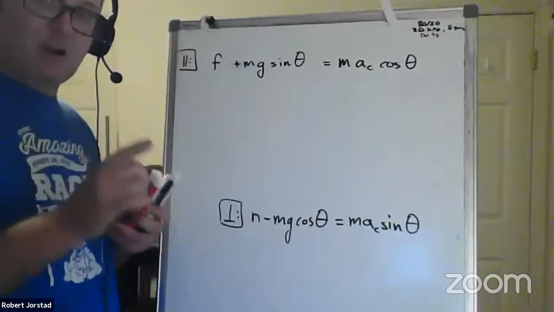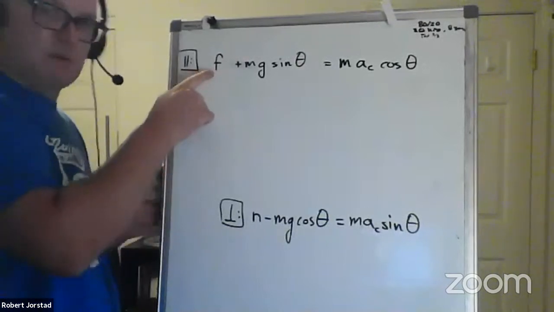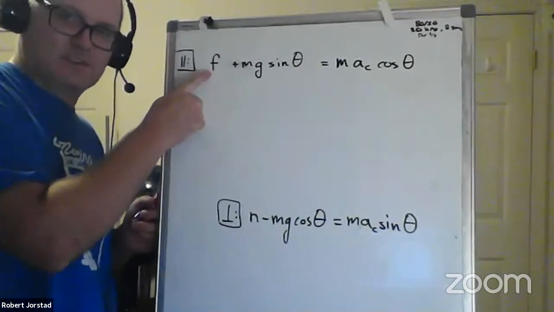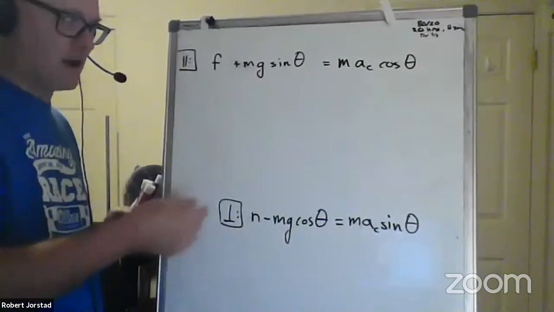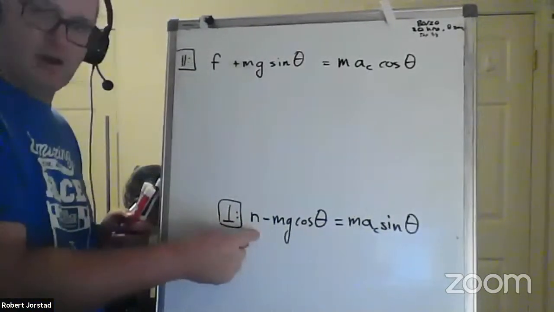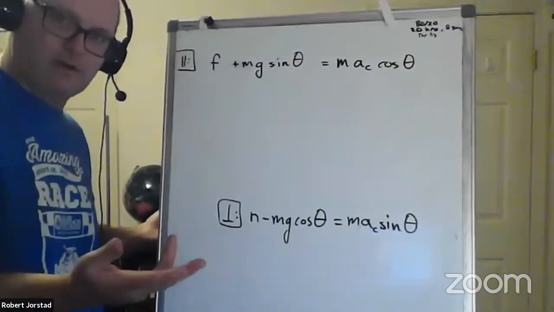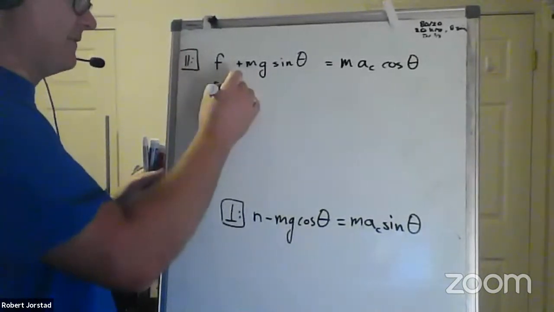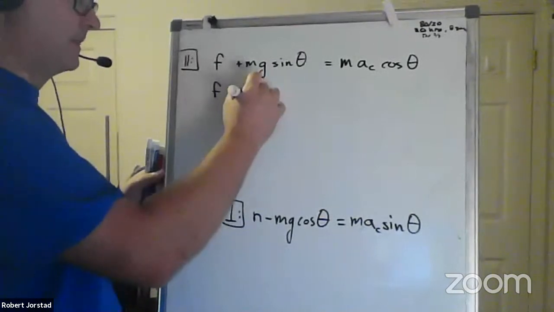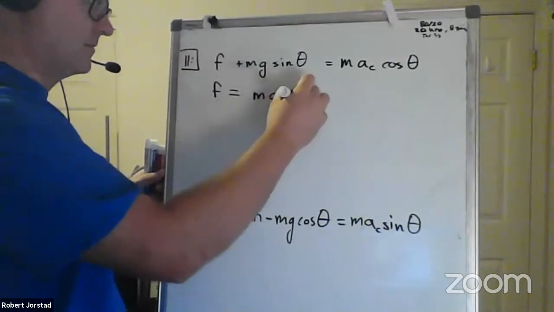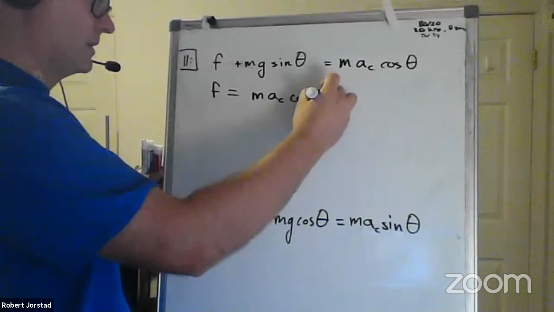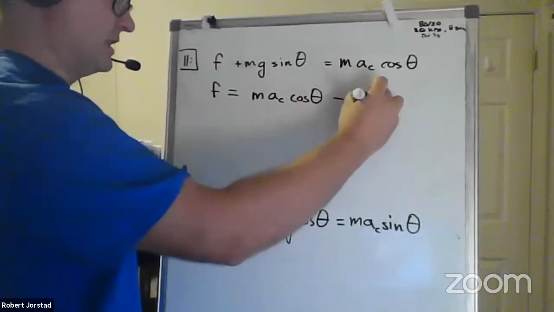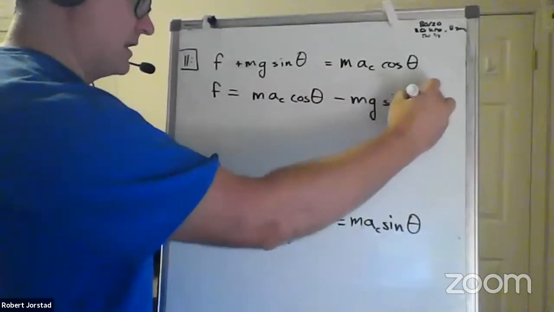Now, because we're on the verge of slipping, I know this is going to be mu static times the normal force. A trick you can do here is try and get F all by itself and N all by itself and take a ratio. So in this case, F is equal to minus mg sine theta.